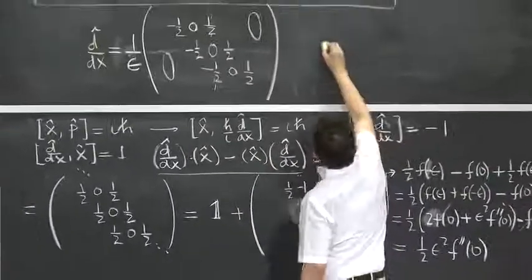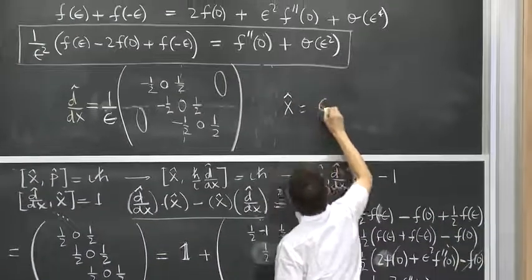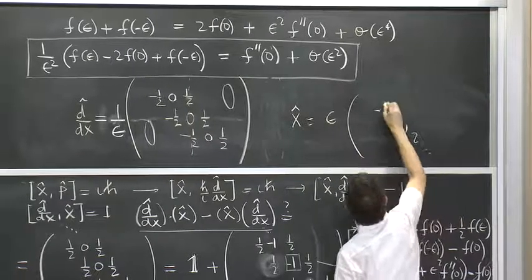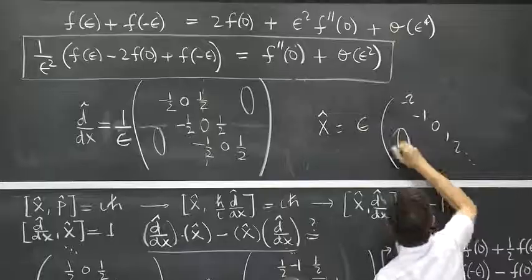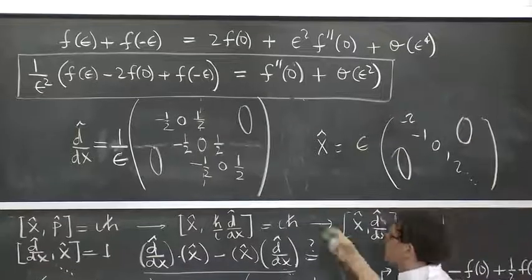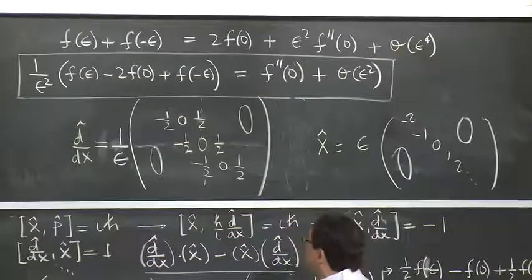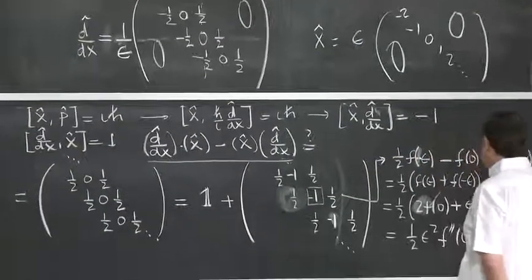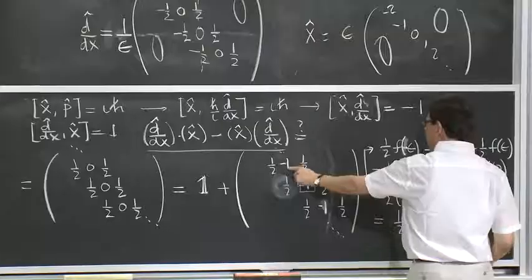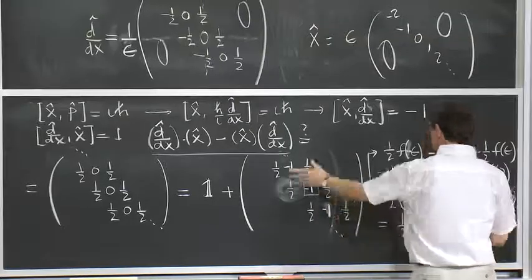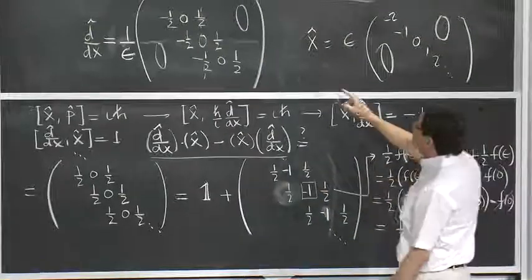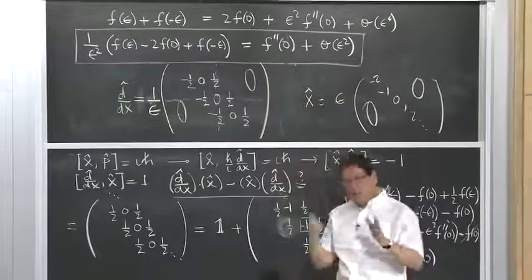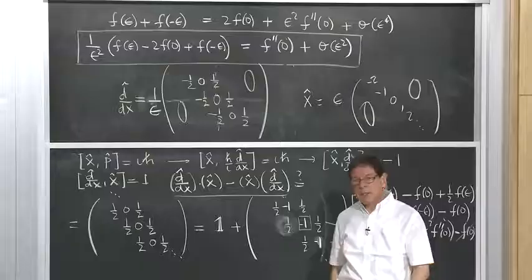So here it is. We had this very wonderful matrix X, which was epsilon times 0, 1, 2, minus 1, minus 2, big 0, big 0. And now you've met the derivative operator as a matrix. In fact, you've even met the second derivative operator as a matrix in here. And this derivative operator as a matrix is wonderful as long as you use very small epsilons.